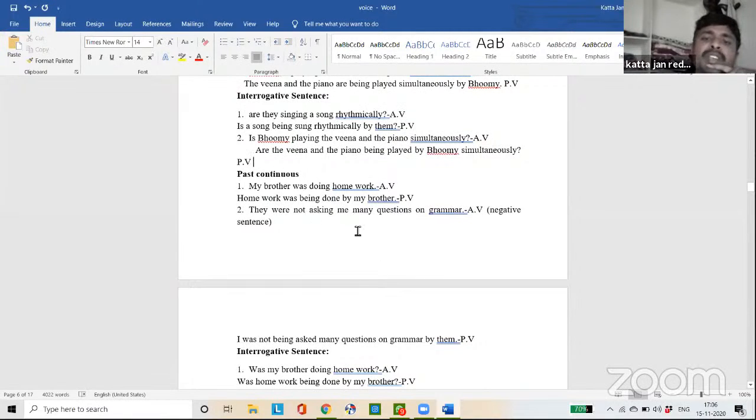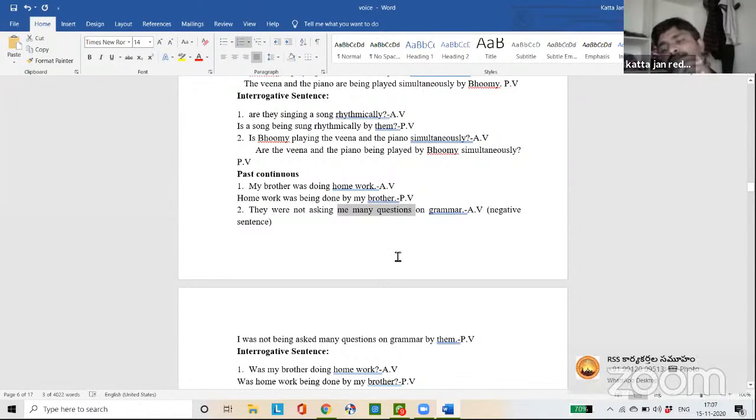They are not asking me many questions on grammar. Of course, it is a negative sentence. But see, here I used two objects. Generally, so far we have had only one object for the transitive verb.